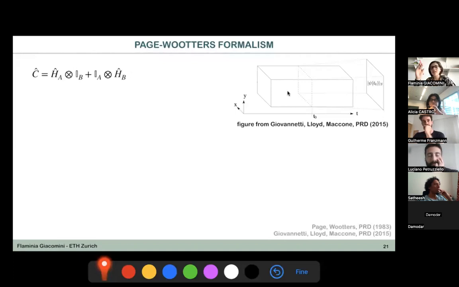Initially, they considered the clock and the system. Now you can just promote everything to be a clock, and it works equally well. And then you just focus on one of the particles. So let's start with considering two different particles, A and B, and writing down this constraint.